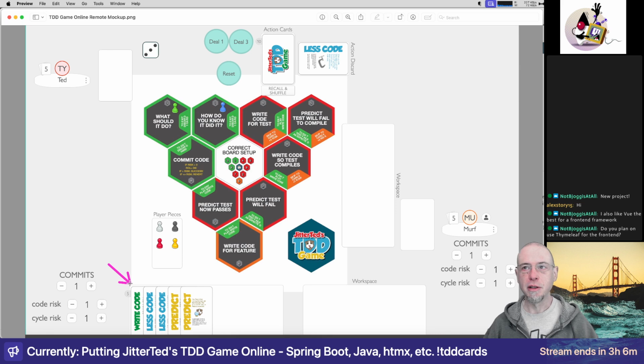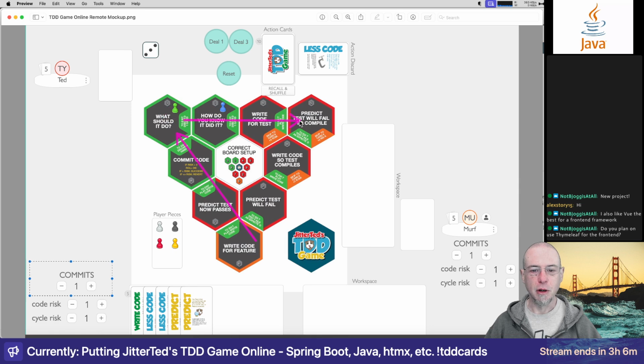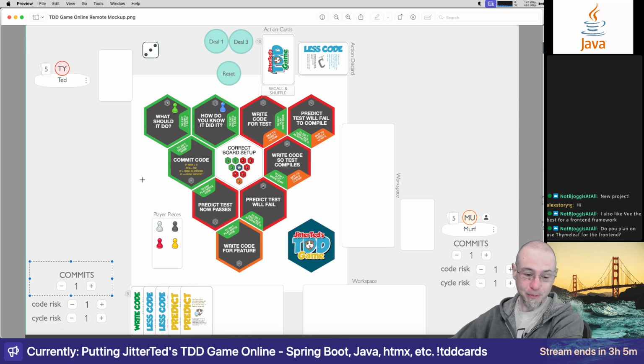You get 5 cards. A turn is based on playing or discarding 3 cards. That's a turn. And then the scoring is basically commits. You start here, you go around, and if you make it back to here, you commit code, then you get a point. And there are basically ways to mess that up by taking on risk by not writing tests.